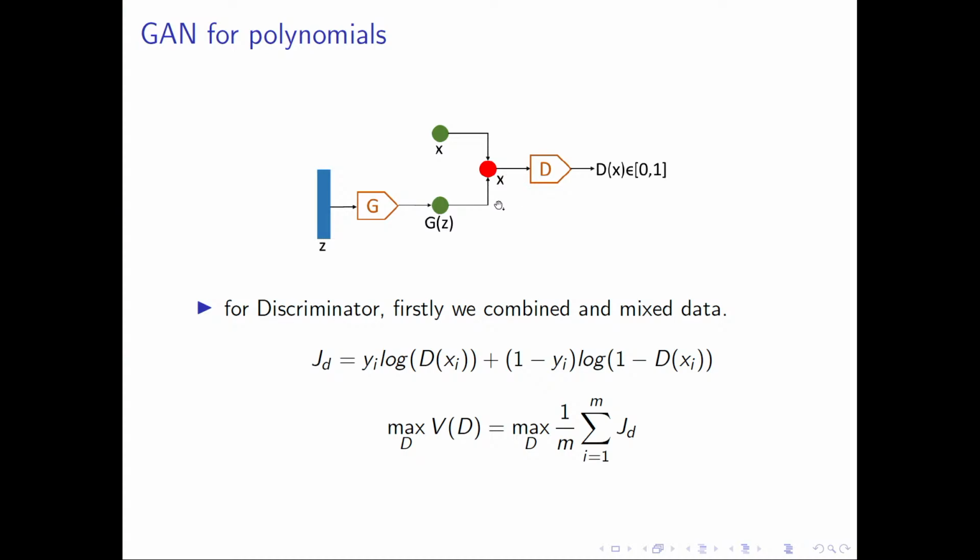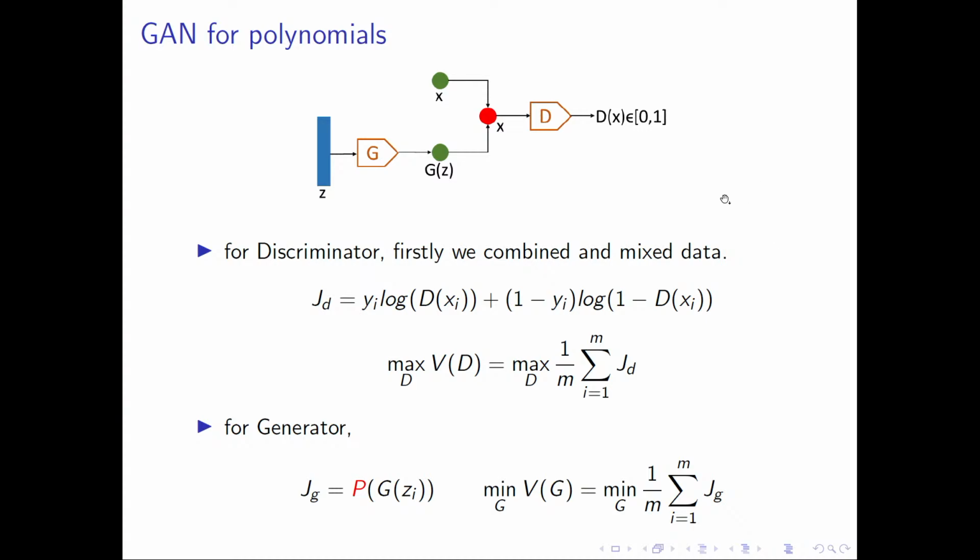Or it is fake data, that means yi equals 0, so this part is 0 and this part is 1. So the cost function only includes this part. It is similar to what Goodfellow says. So the discriminator's aim in here is maximizing this cost function, the mean of loss functions.